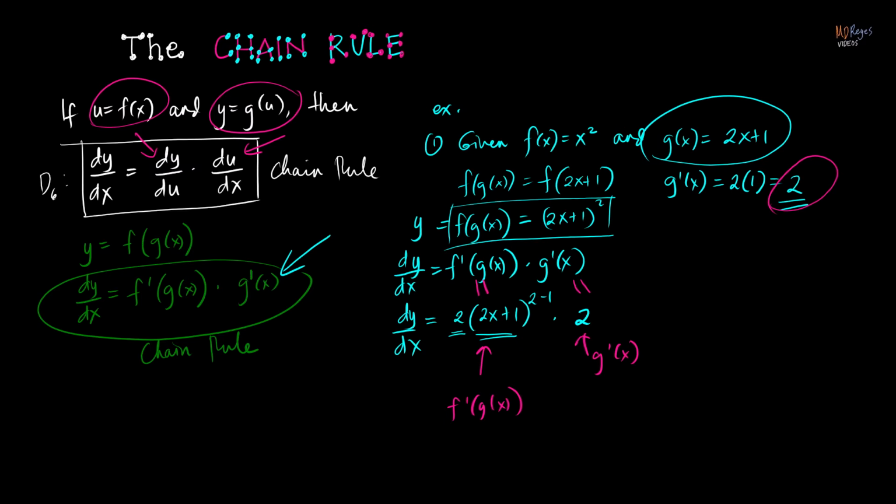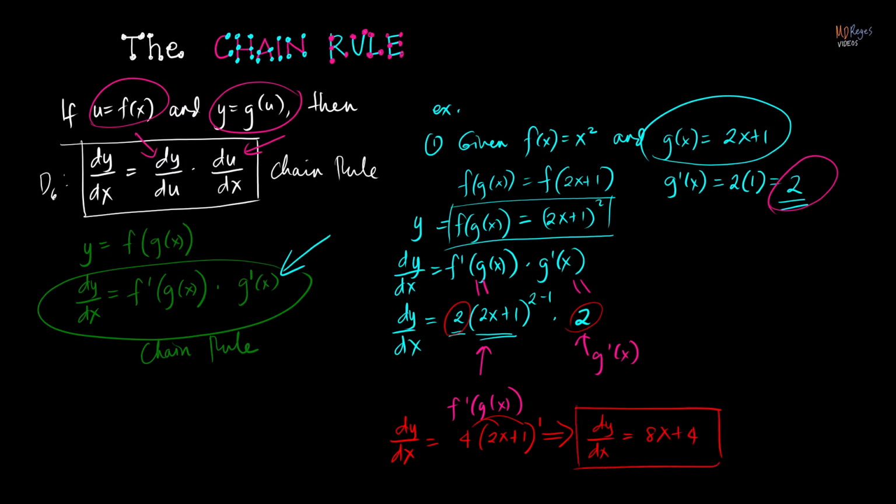And so dy over dx, according to the second notation, we just have to simplify. Multiplying 2 and 2, we get 4 times 2x plus 1 raised to 2 minus 1. So it's just raised to 1, right? So simplifying that, we'll distribute 4 inside the parentheses and get dy over dx equals 8x plus 4. This is the derivative of y with respect to x.